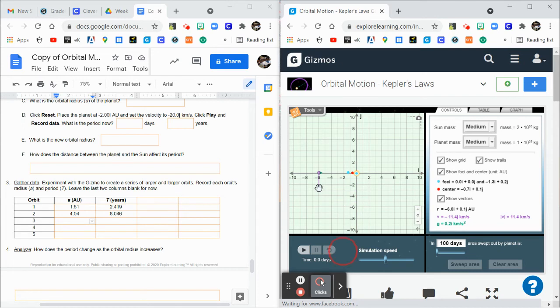Let's increase the velocity to 11. Let's click on play.